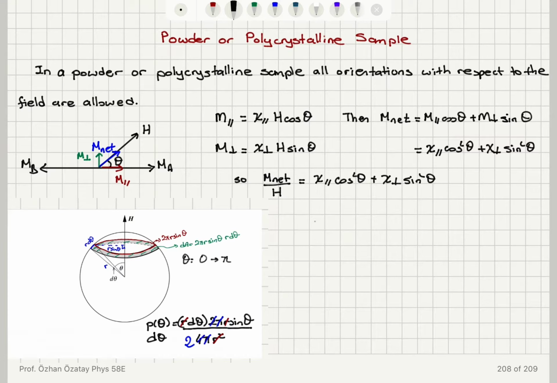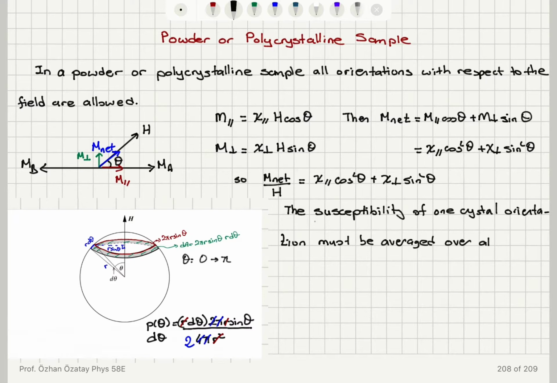And now this is for one scenario where I have an angle theta between the A sublattice magnetization and the applied field H. In order to get the susceptibility of a powder, we need to average over all possible angles. So the susceptibility of one crystal orientation must be averaged over all angles theta.